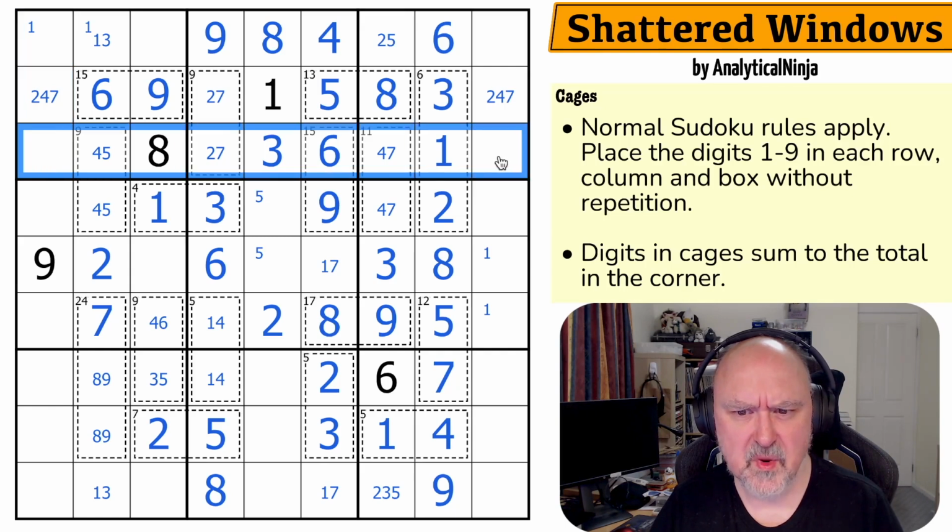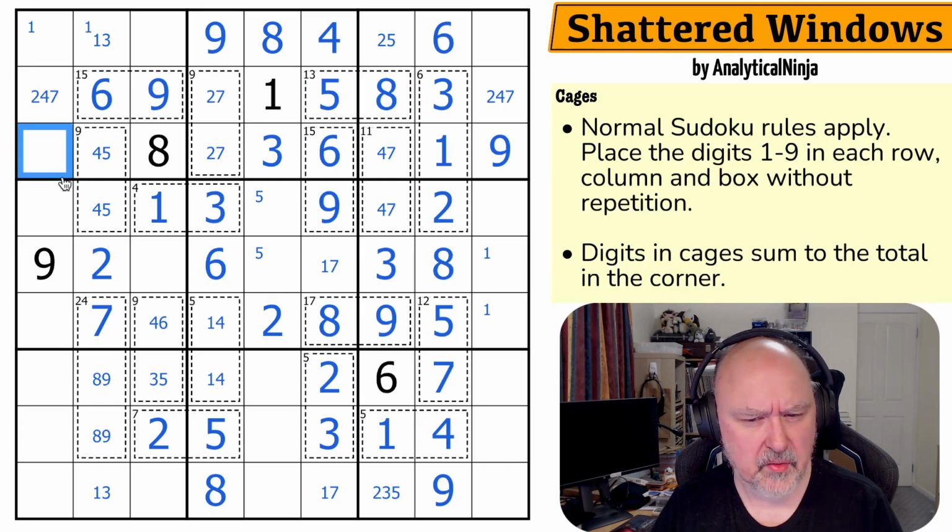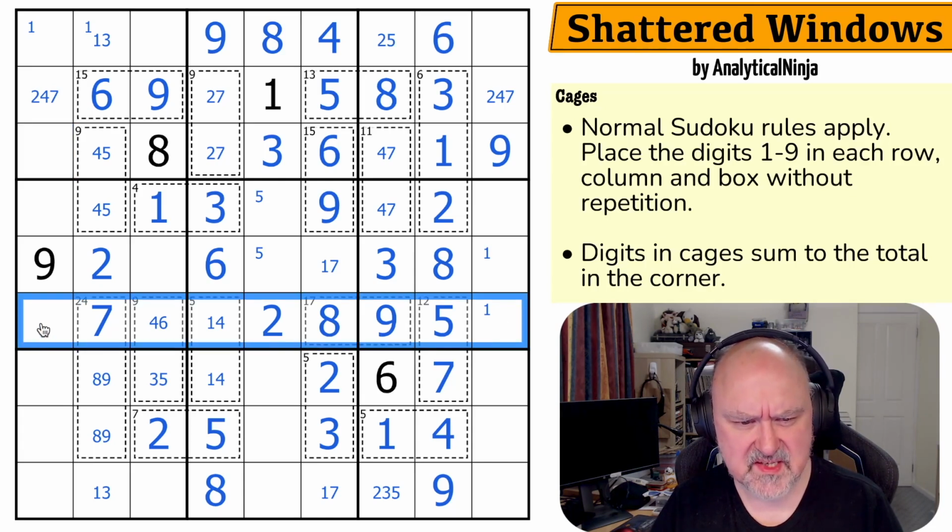Where's 9 in this row? It's not in any of those, not in any of those. It's in one of those, but I can't put it in the 11 cage. That's the 9. So this is 2, 4, 5, or 7. Okay. These are 1, 3, 4, and 6.